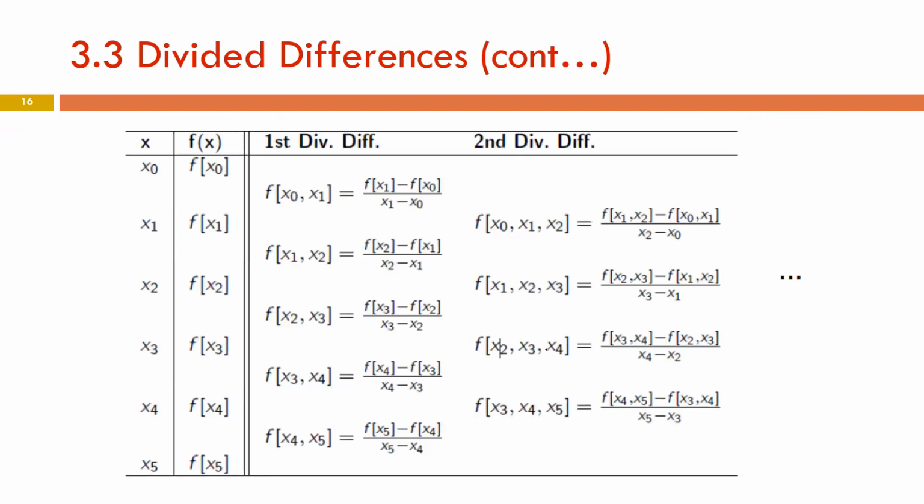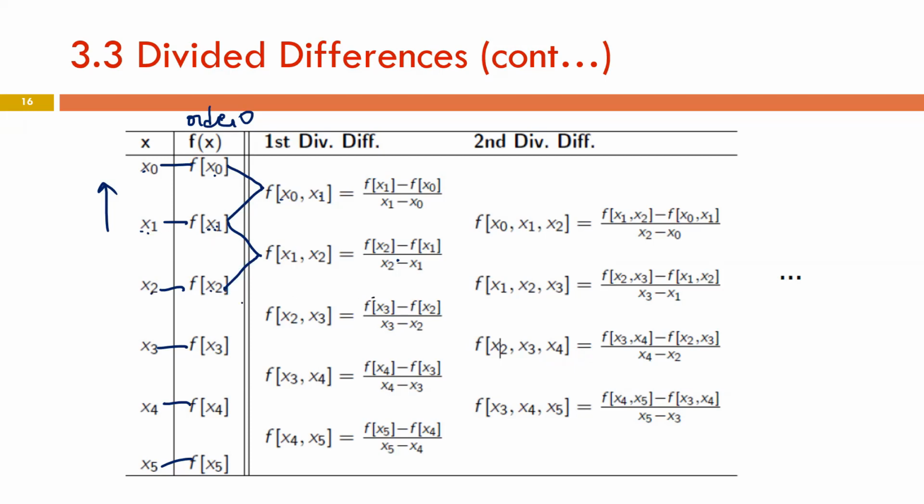So how do we calculate this? For order 0, it's easy, just the output for all the points. For order 1, taking these 2 points, we use these 2 values, so the difference in this way, backward: f x1 minus f x0 over x1 minus x0. To calculate this one, we make this divided difference, f x2 minus f x1 over x2 minus x1.